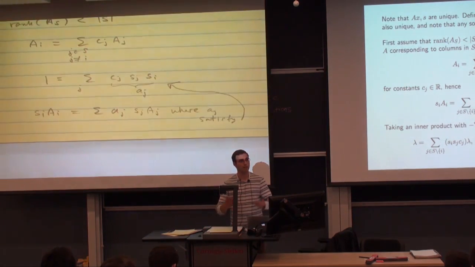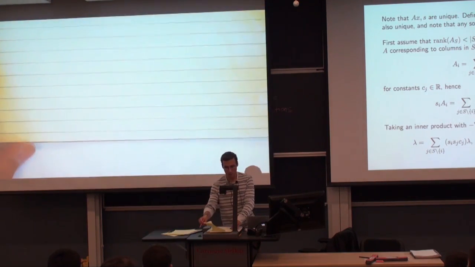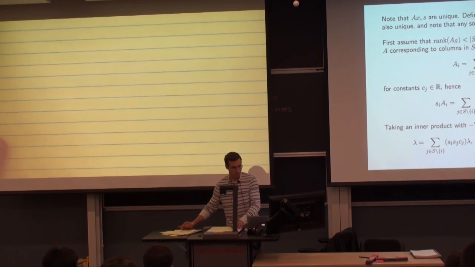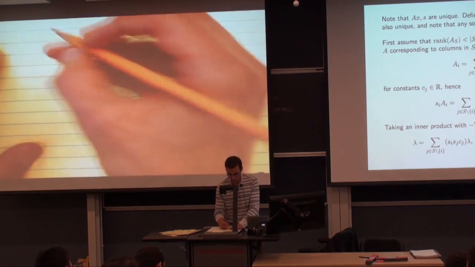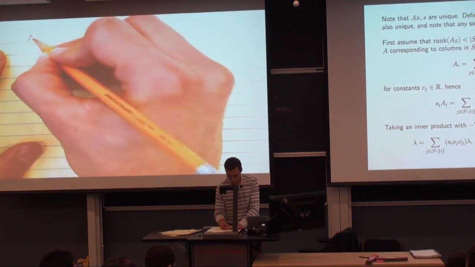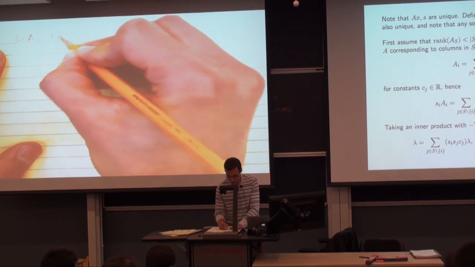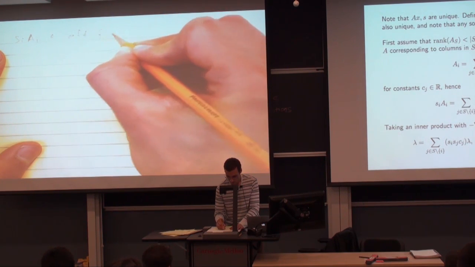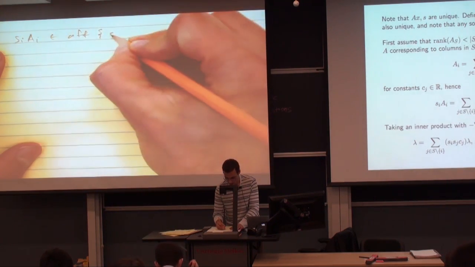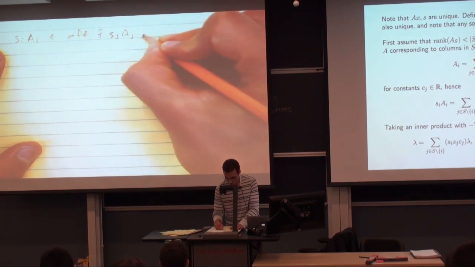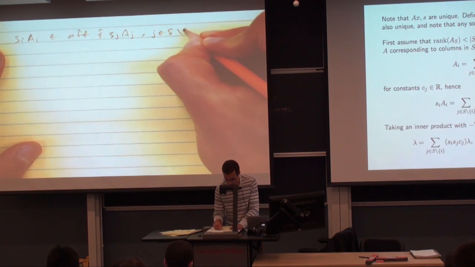When I take affine spans, I have to take all linear combinations such that the coefficients add up to 1. That's exactly what this is. So I've just concluded that if that set S was not linearly independent, then s_i a_i is in the affine hull of the s_j a_j for j in S minus i.